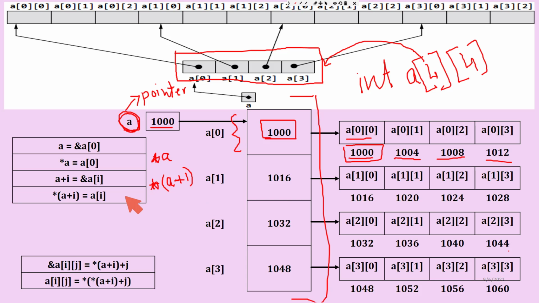In the morning session we studied that star A plus 1 means 1016. So 1016 is actually a pointer, and A plus 1 means A of 1. Star A plus 1 means A of 1. A of 1 is 1016. It is actually pointing to another array.